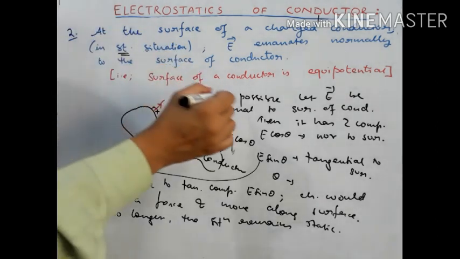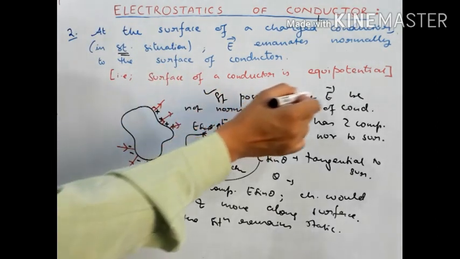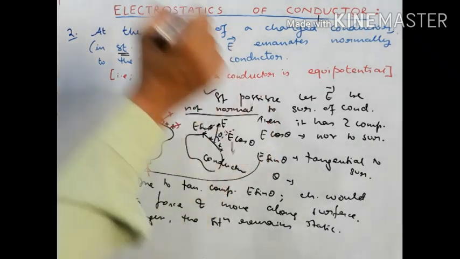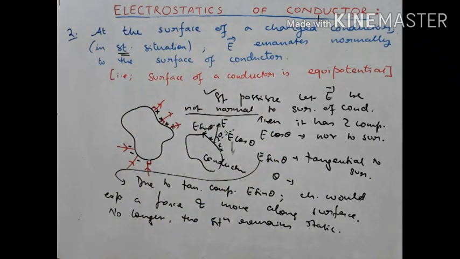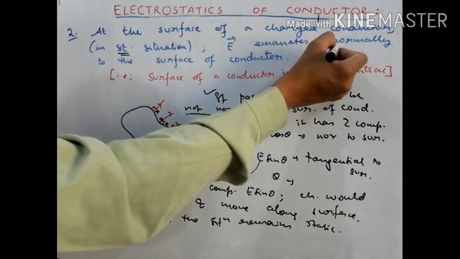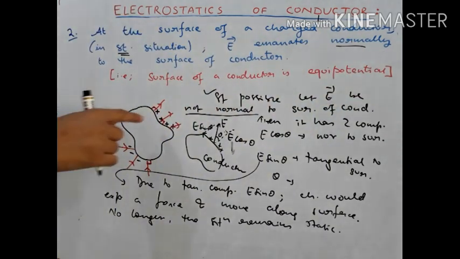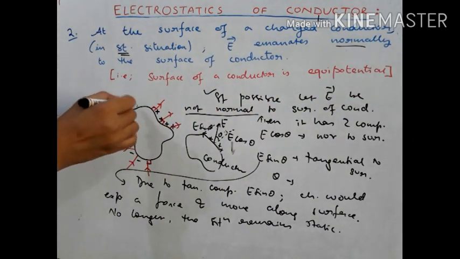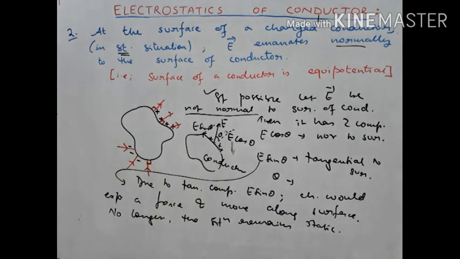What was our assumption? We assumed that, if possible, let E vector be not normal to the surface. If it is wrong, what should be the correct statement? E vector must be normal to the surface. So there cannot be any component of electric field along the surface.